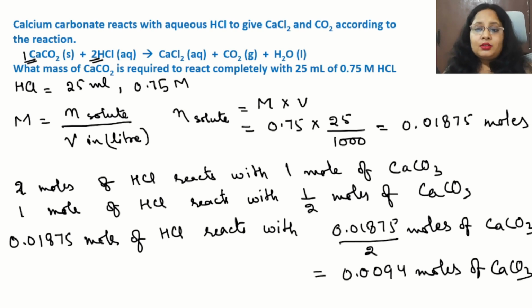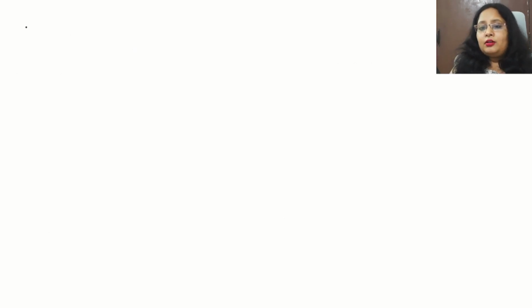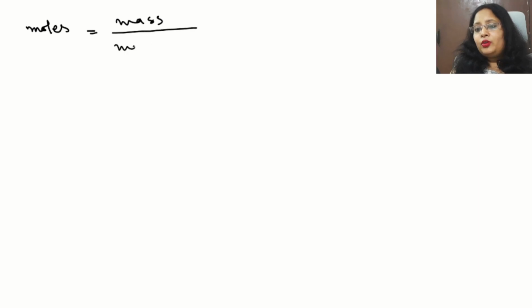Now since the question asks what mass of calcium carbonate, we will now convert the moles of calcium carbonate into the mass of calcium carbonate. For this we have a formula. Moles is equal to mass divided by molar mass. So here moles we knew, molar mass we need to calculate first.